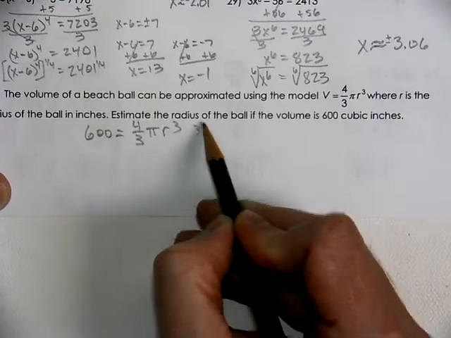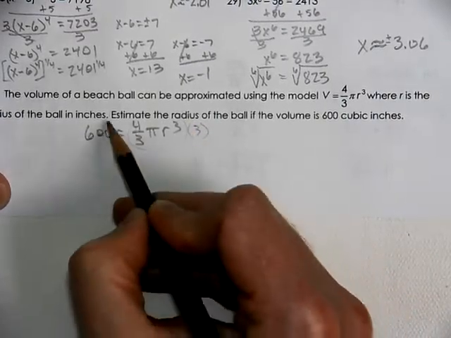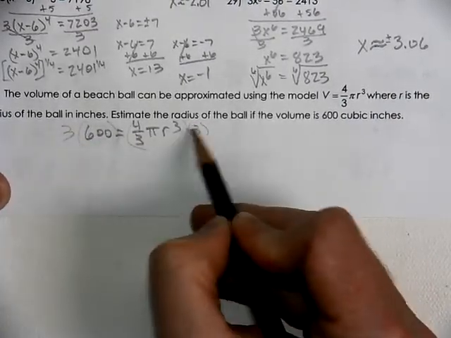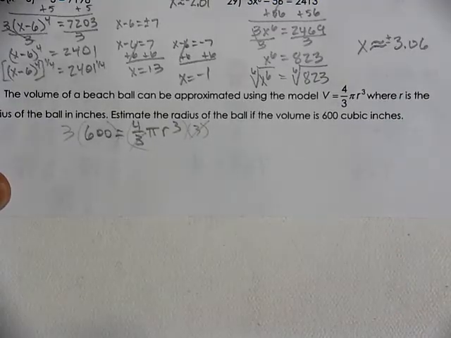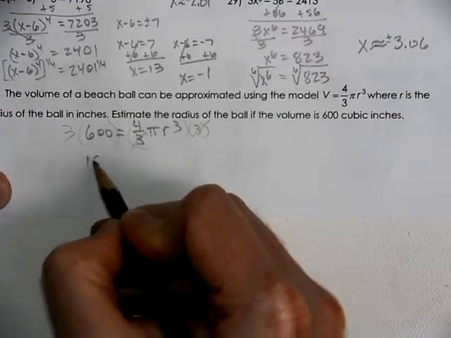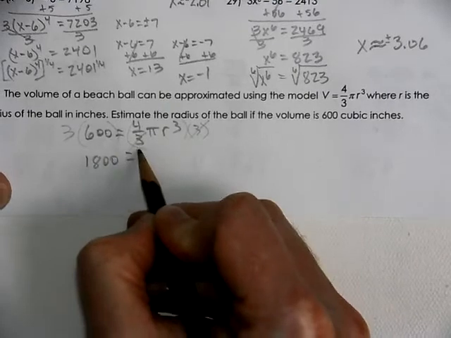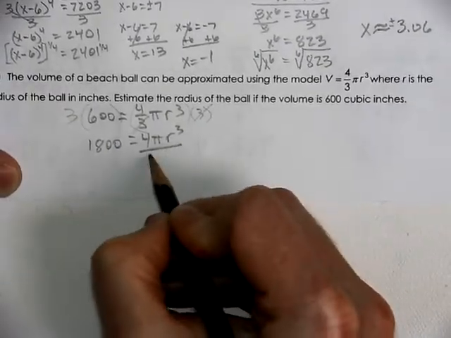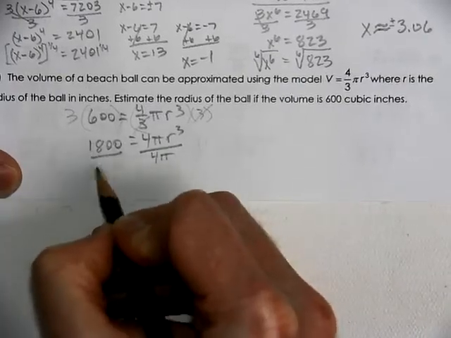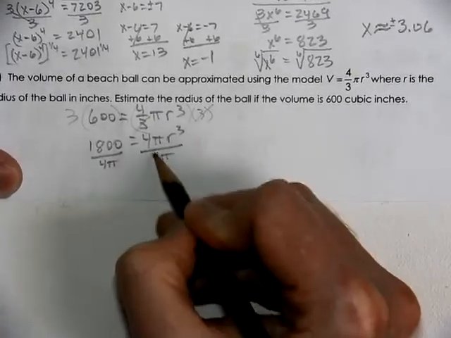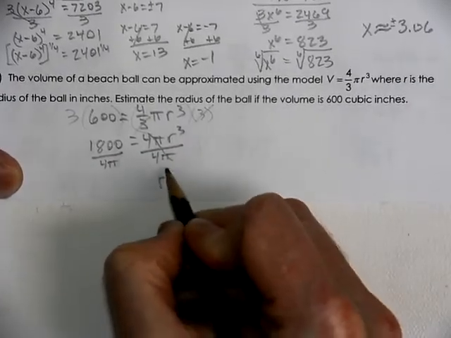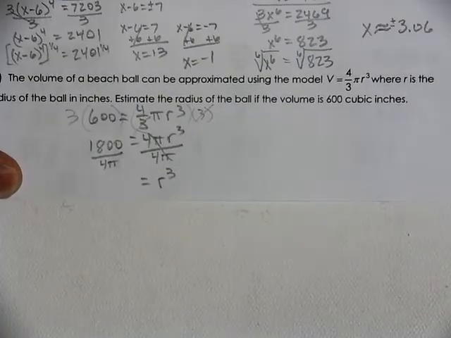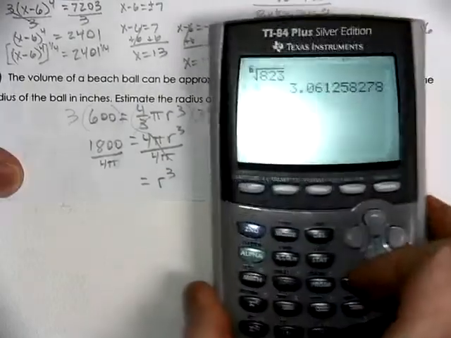We can multiply 3 to both sides. That would eliminate the 3 in the denominator. That would give us 1,800. Then we can divide by 4 pi. That gives us r cubed. Now we need to be careful about this.